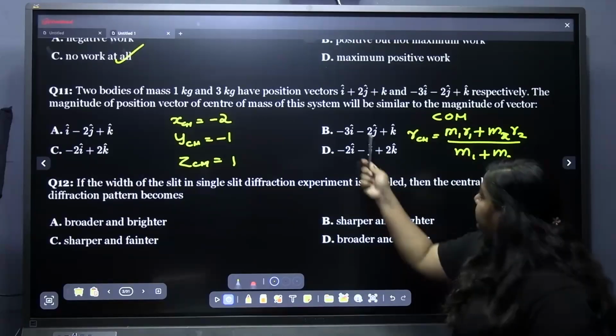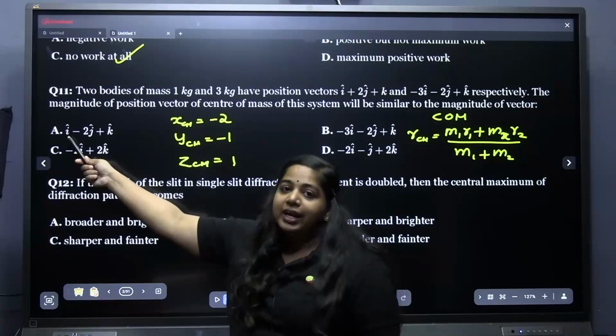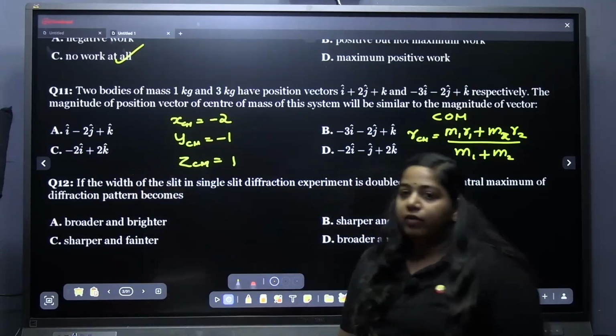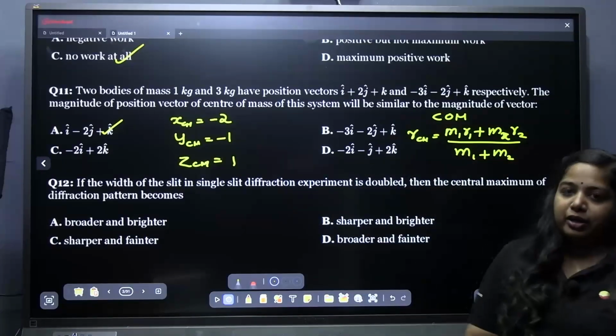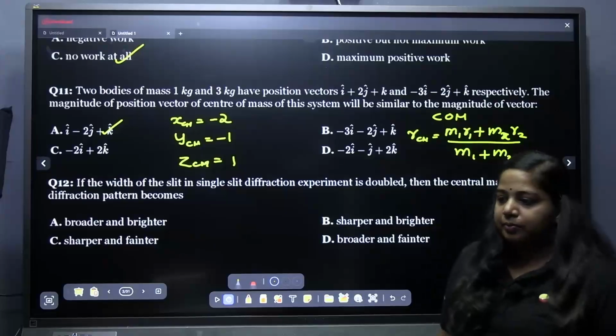As you can see in the options, there is 3, there is 2, 2, 2, 2. Option A has 1, minus 2 and 1. So option A we can take. Option A's magnitude will be the same as the magnitude of this vector. Okay.